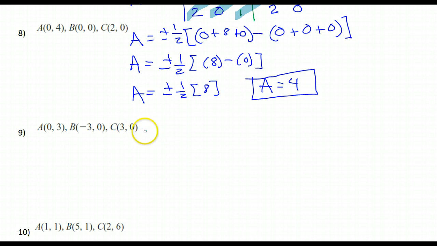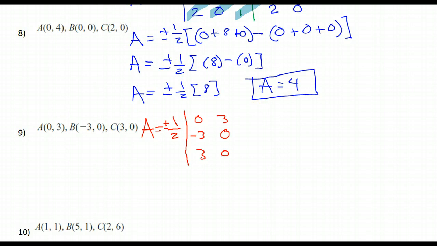This is the problem somebody really needed. So if I want to find that area, once again, I'm going to do, I'm sorry, I forgot my plus or minus. Plus or minus the determinant, which I build by doing 0, 3, negative 3, 0, 3, 0.